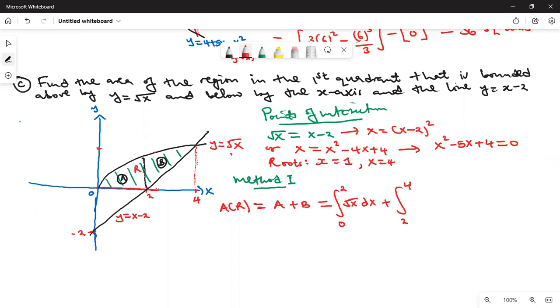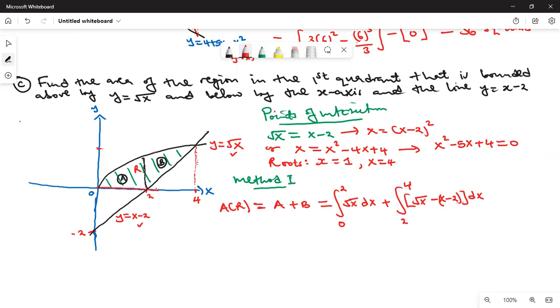So the first one is f of x, this other one is g of x. So it is root x minus x minus 2, f of x minus g of x, dx.